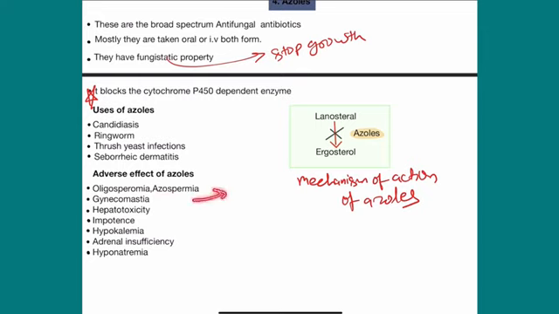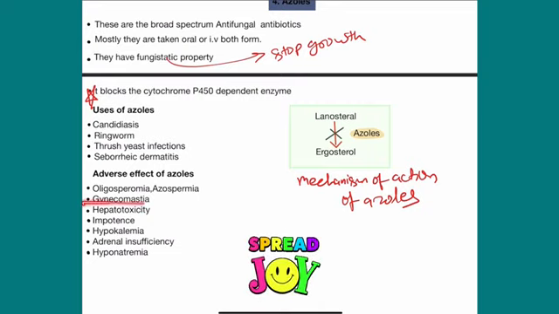It causes sterility or decrease in sperm count or inhibits the synthesis of sperm, means azoospermia, no sperm formation occurs, and gynecomastia condition occurs. Hepatotoxicity is also caused, and hypokalemia, adrenal insufficiency and hyponatremia, means hypokalemia and hyponatremia are both caused by the azoles when taken in more amount or for a long time. These are the adverse effects of the azoles.